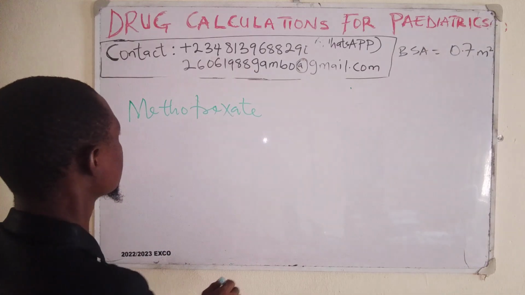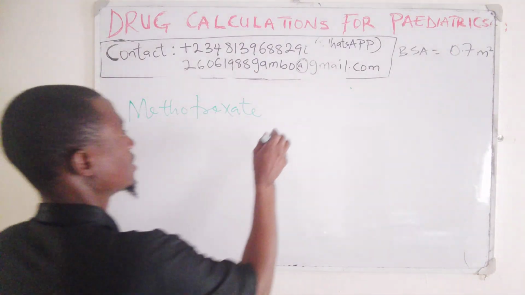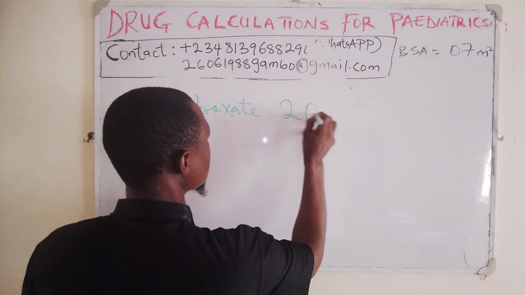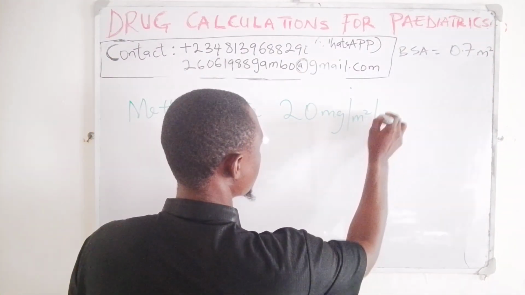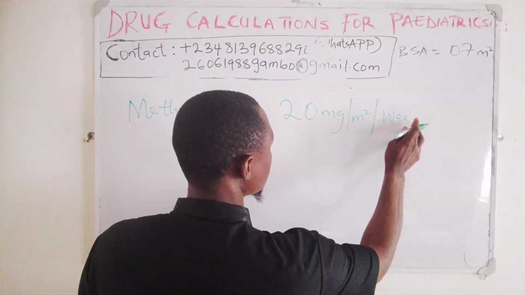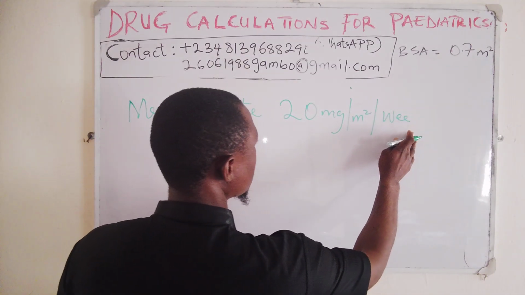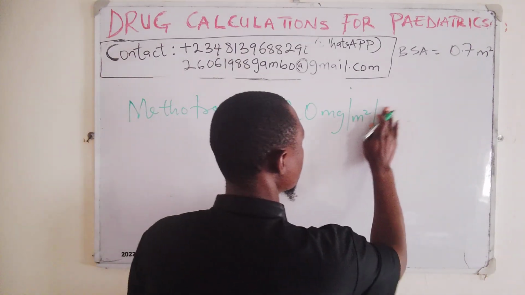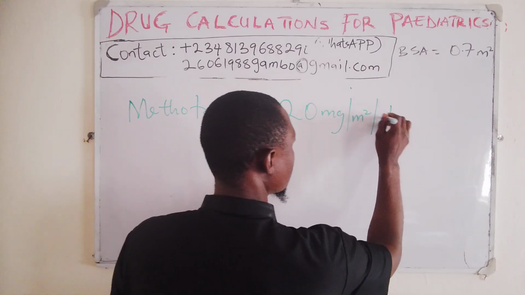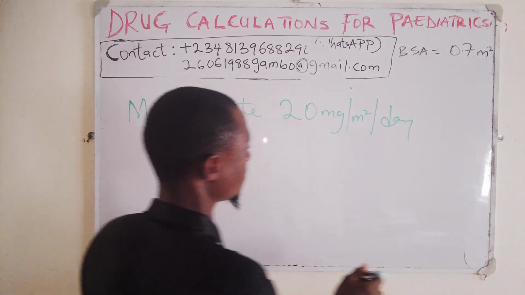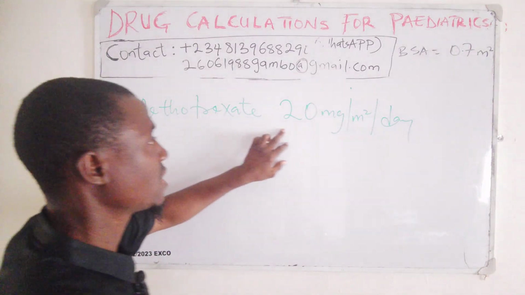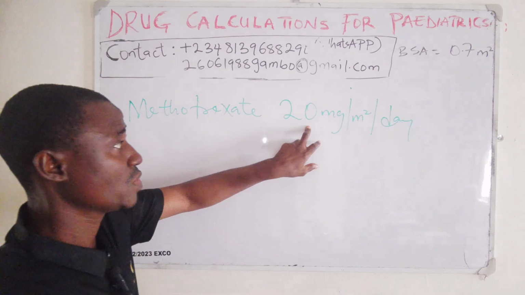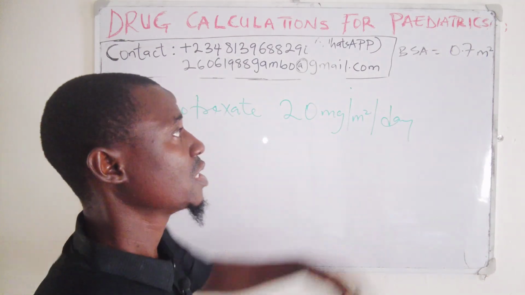Methotrexate was ordered at a dose of 20 milligrams per meter squared per day.